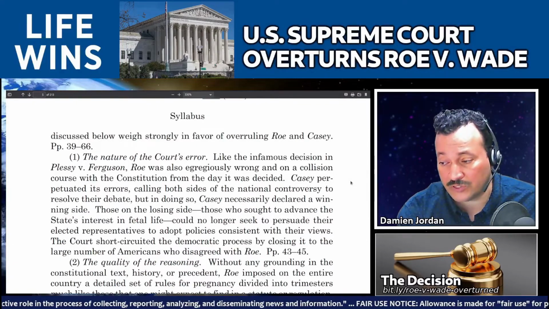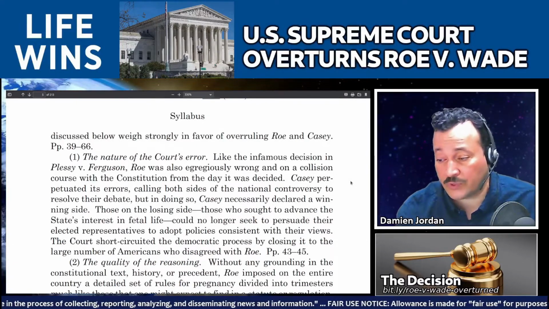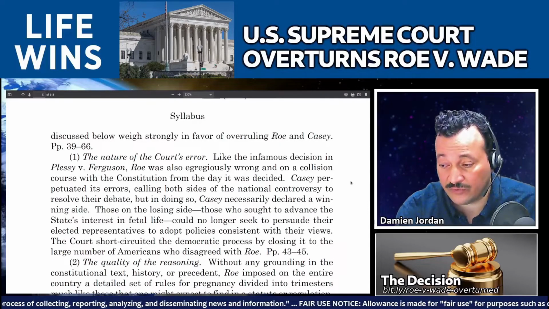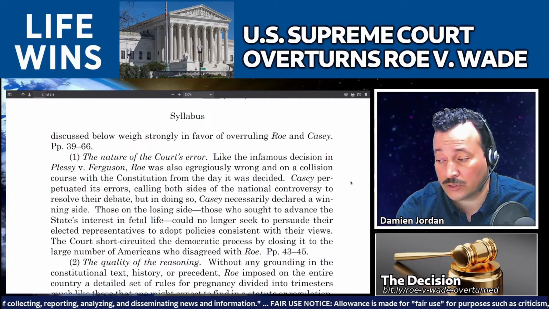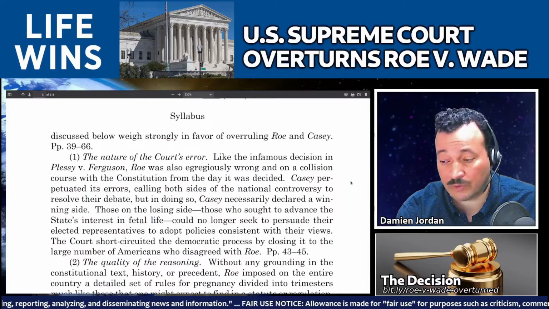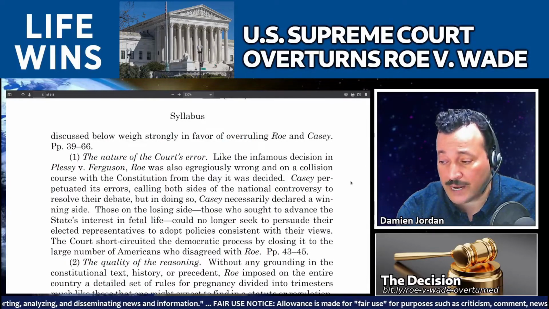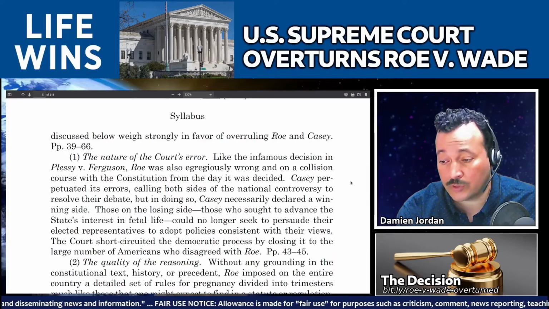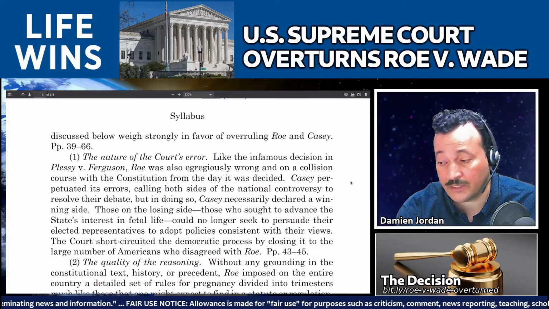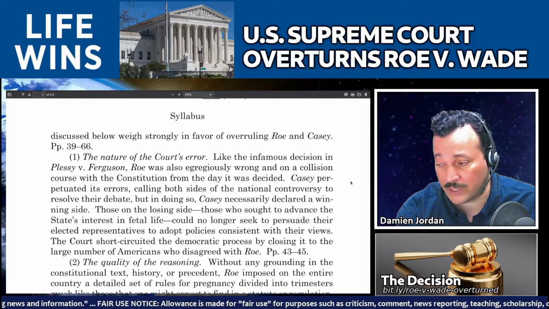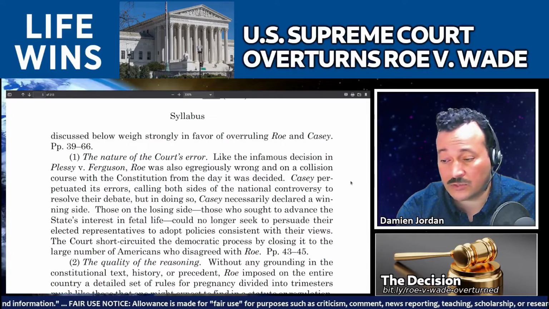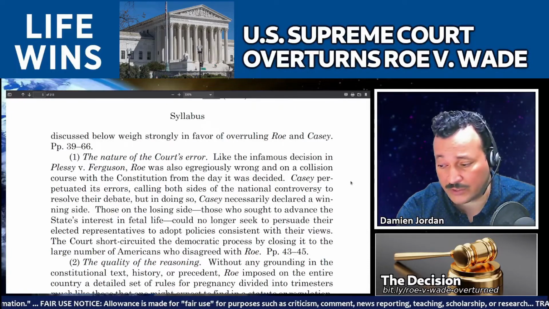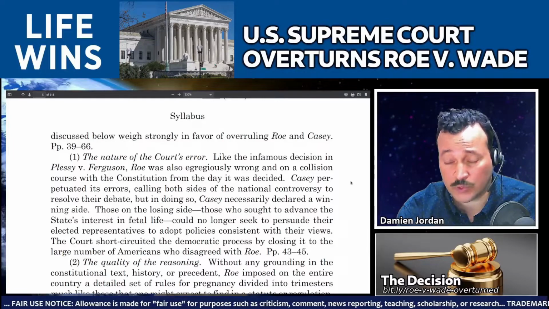Those on the losing side, those who sought to advance the state's interest in fetal life, could no longer seek to persuade their elected representatives to adopt policies consistent with their views. The court short-circuited the democratic process by closing it to the large number of Americans who disagreed with Roe.